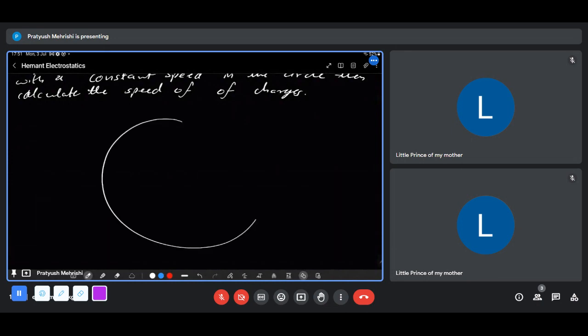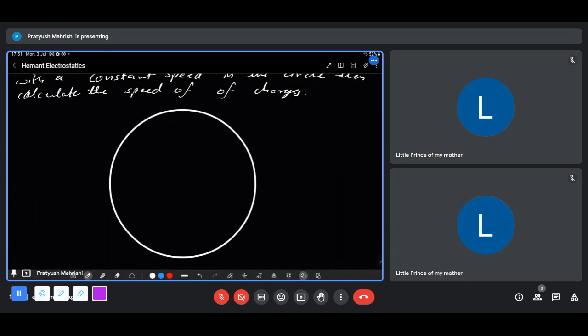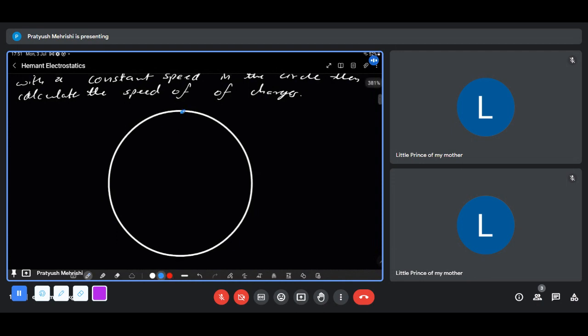Given that this is a circular path, and on this circular path, three charges are there.